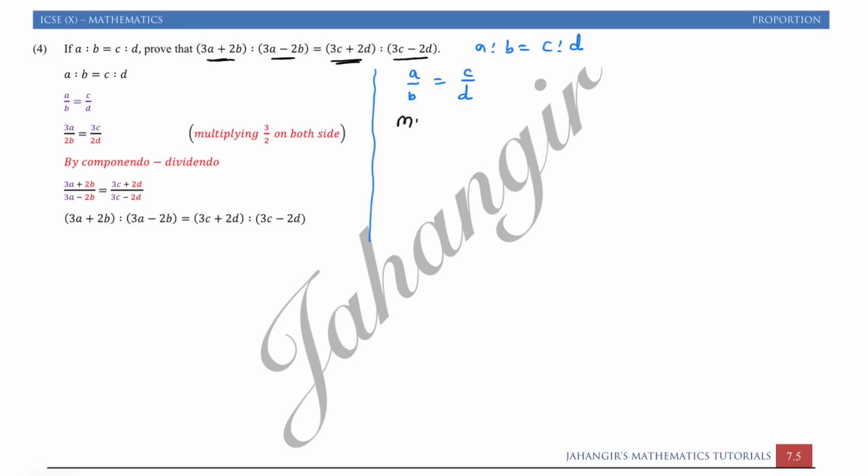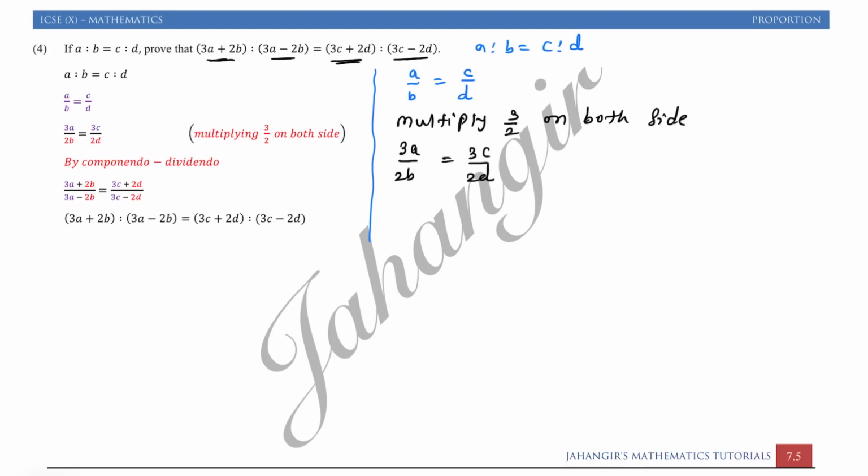So here what will I multiply? I will multiply 3 by 2 on both sides. Multiplying 3 by 2, I will get 3a by 2b is equal to 3c by 2d.